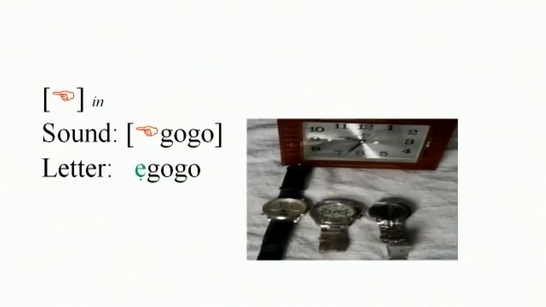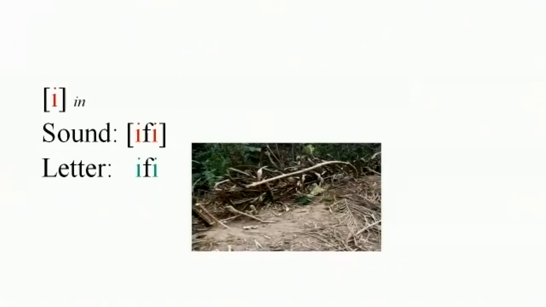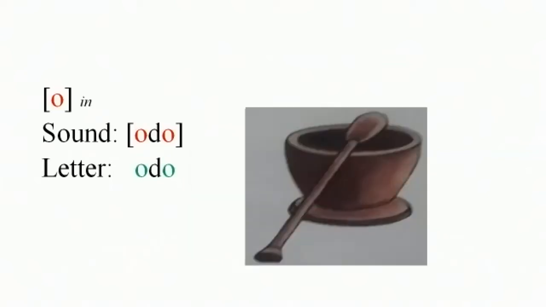Then the sound E in Ifi, you have the letter I representing each of the sounds there. It's the same with the O in Odo. There is no difference in the form. Okay? No difference in the form.